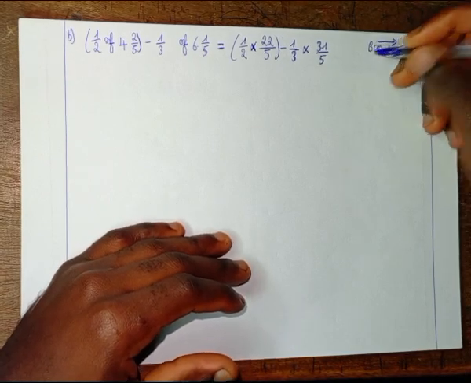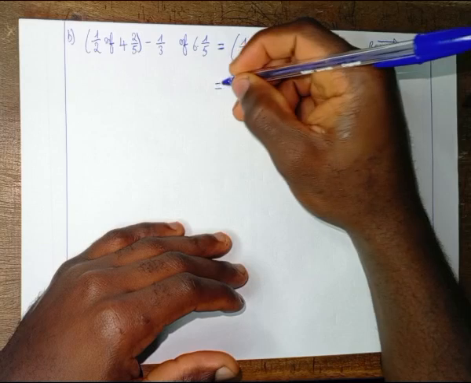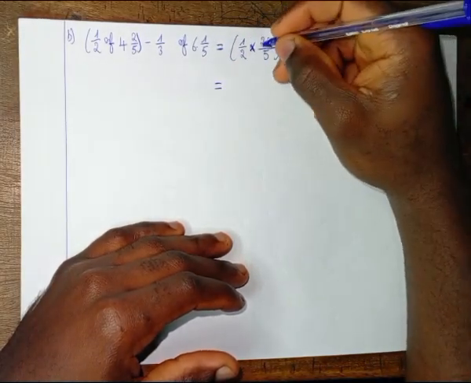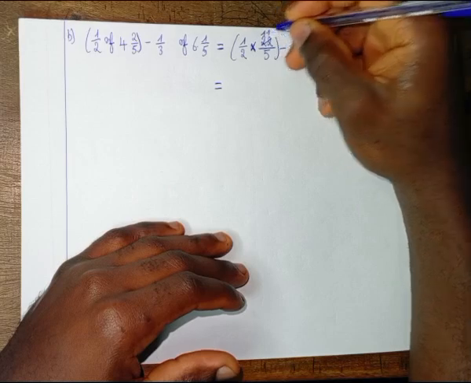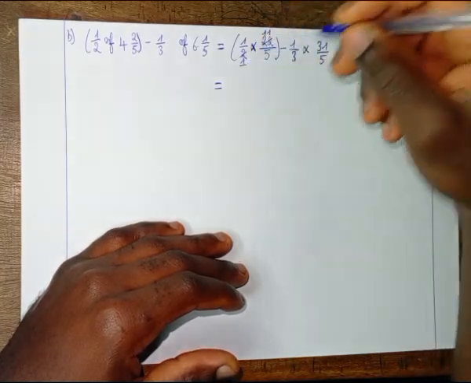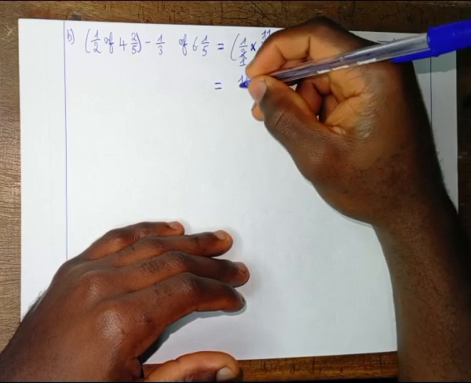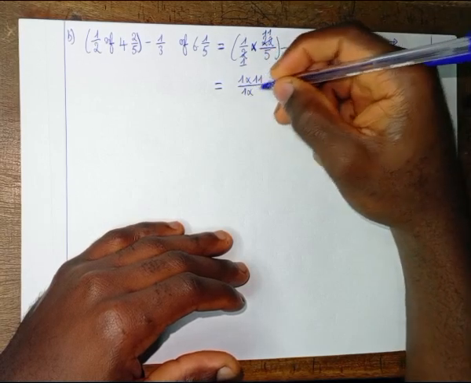Brackets first. So inside this bracket, you see that we can simplify. 2 will go into 22 11 times. 2 will go into 2 1 time. So this will give us 1 times 11 all over 1 times 5.